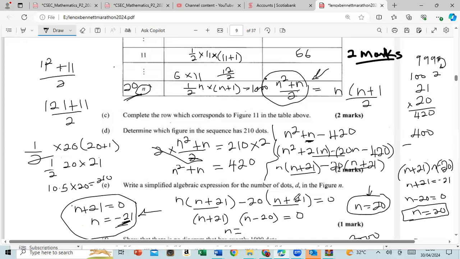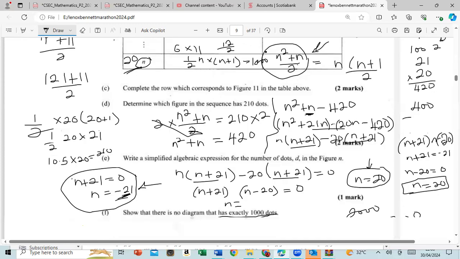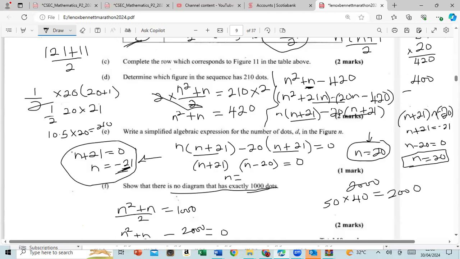But this is too much work out, man. Probably there's a simpler way we may miss. If you sit down and work out, factorize that up to 2,000, that's kind of crazy. How much is the mark for that, sir? 2 marks. And the one before that is 1. Wow.